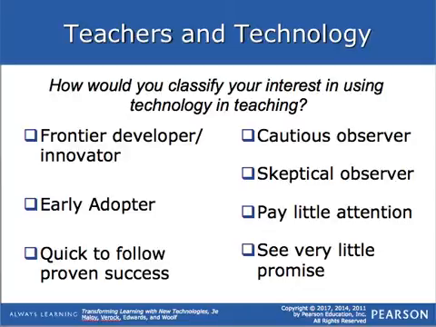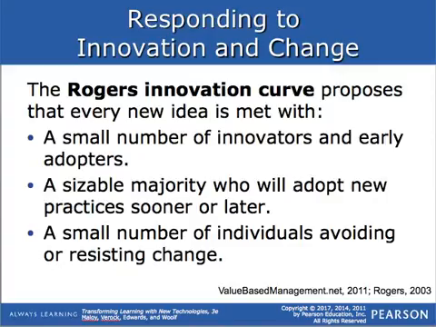Do you consider yourself a frontier developer, an innovator, an early adapter, quick to follow proven success, cautious observer, skeptical observer, don't pay much attention, or see very little promise in using technology, not only in teaching and learning, but in designing curriculum, administrative things, assessments, all those types of things can be associated with these questions, or how you feel about technology.